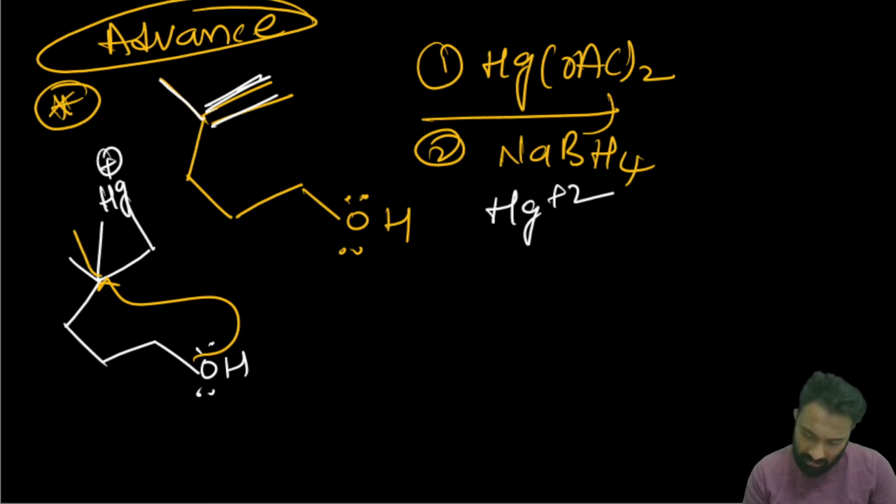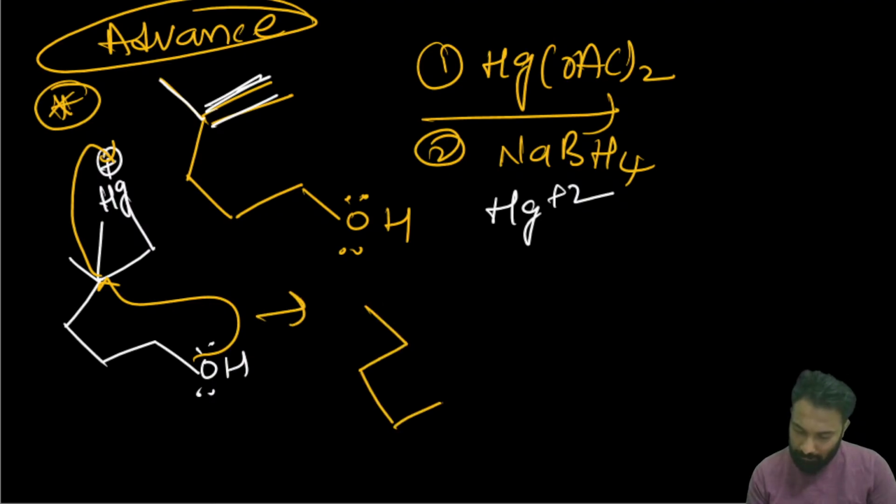Then this bond pair of electrons will be shifted towards the Hg. Now give the numbering. Here it is 1, here it is 2, here it is 3, here it is 4, now this oxygen and this carbon, it is 5.